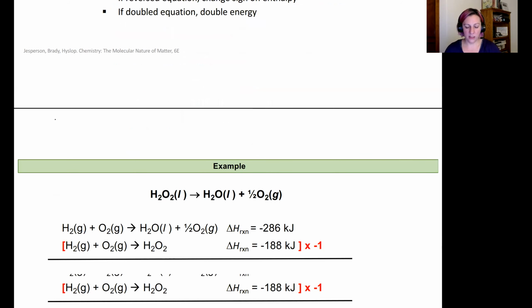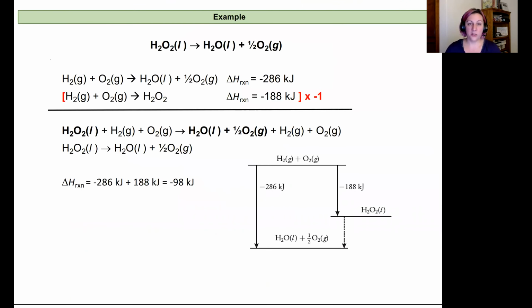So here's an example of hydrogen peroxide disproportionating into water and half of an oxygen. The information given here is two chemical reactions that we can look up the values for in a table. We can pull this information out of the scientific literature.